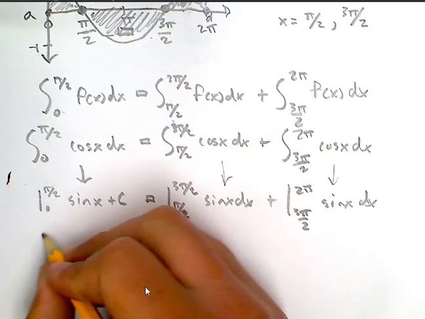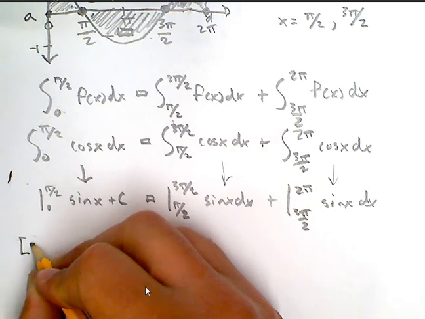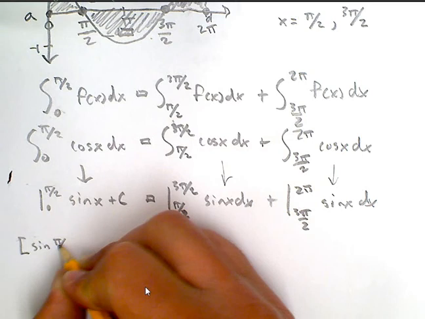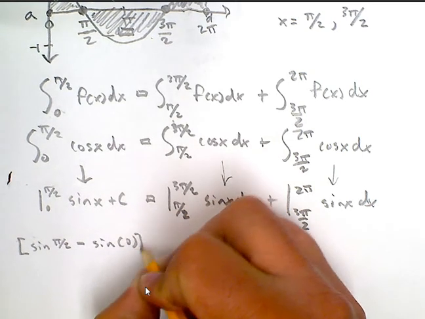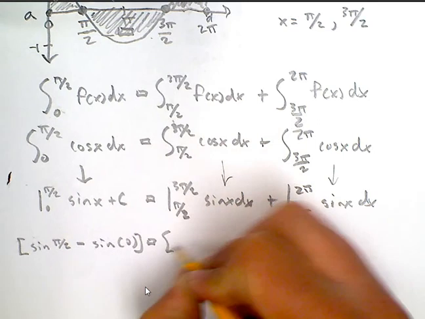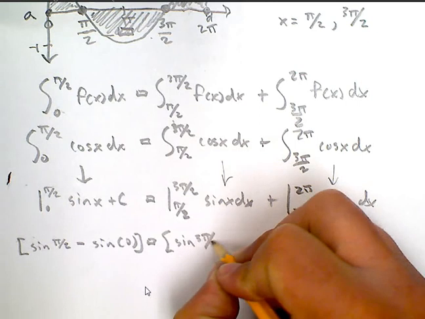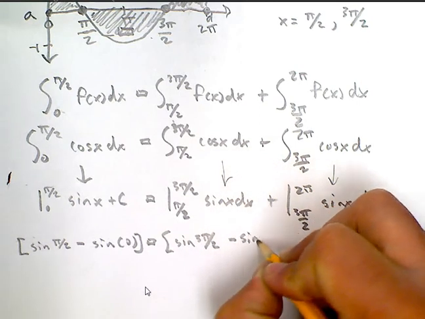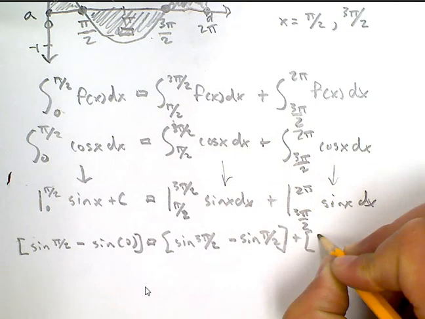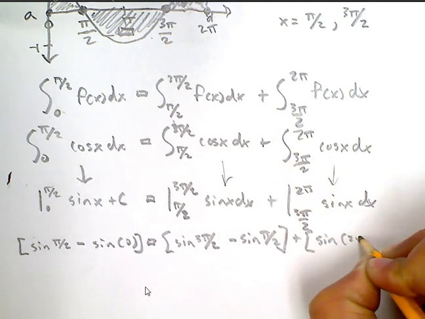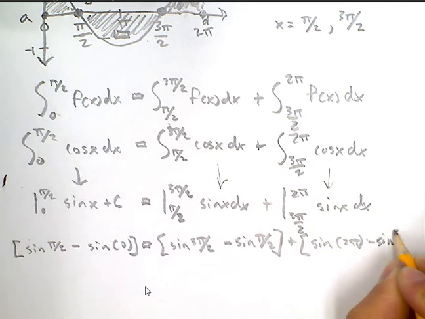So this one ends up being, plug in pi over 2, you got sine pi over 2 minus sine 0, minus sine 3 pi over 2 minus sine pi over 2, plus sine 2 pi minus sine 3 pi over 2.